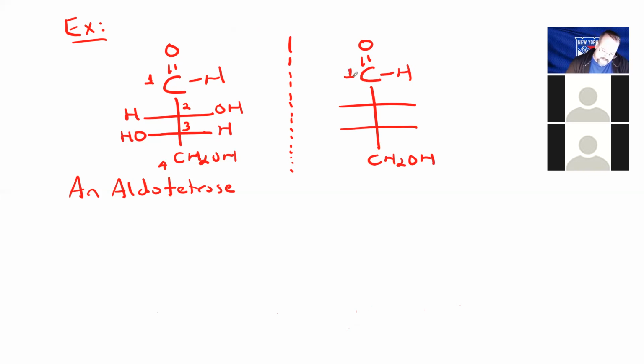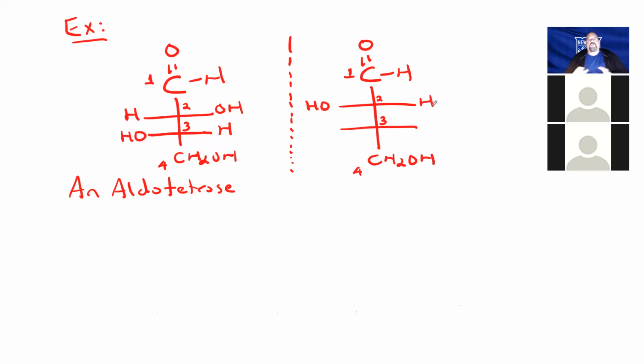Carbon 1 stays where it is, carbon 2 stays where it is, carbon 3 stays where it is, carbon 4 stays where it is. But now, everything that's horizontal switches sides. So for carbon 2, in the original structure, the OH was to the right and the H was to the left. In the mirror image, the OH is to the left and the H is to the right.